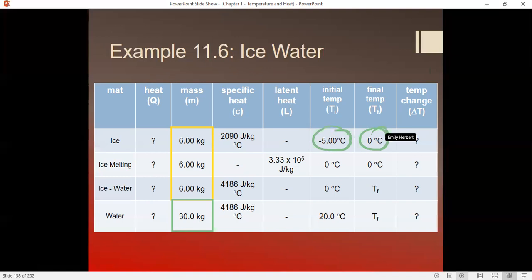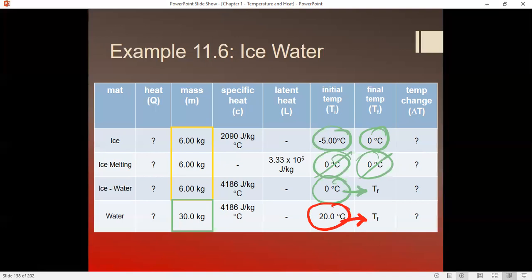It's going to heat up to 0 degrees before it can melt. As it's melting, it'll stay at 0, but that's not even important for what we're doing. Once it's melted, it'll heat up and finally reach the final temperature. The water, on the other hand, will start at 20 degrees Celsius, and it will come to a final temperature after it cools down.